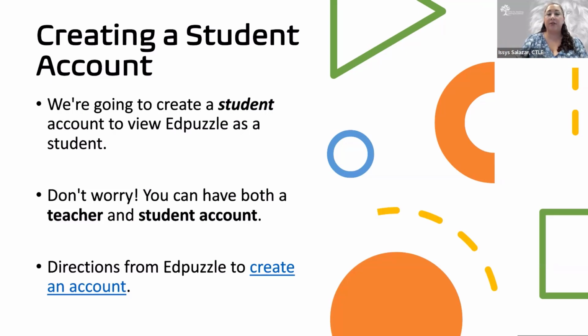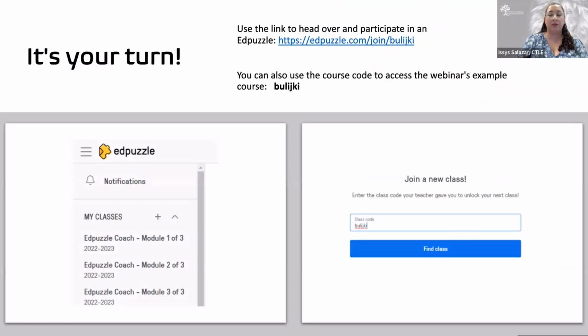When you create your student account, you'll come up to a dashboard and it'll prompt you. If it's your first course that you're signing up for, it's going to give you a screen where it asks you to join a new class. To join a new class, you have to have a unique class code. So on the screen, there is a class code for the webinar.